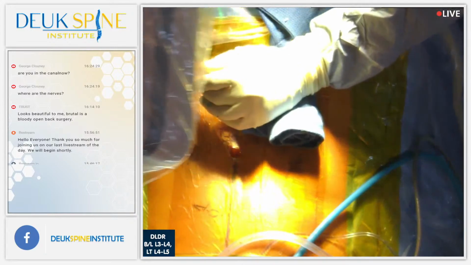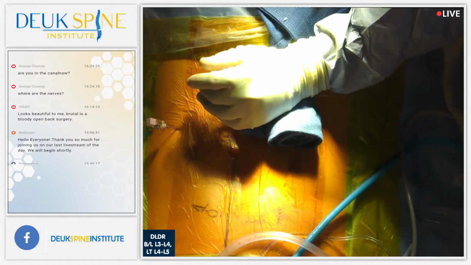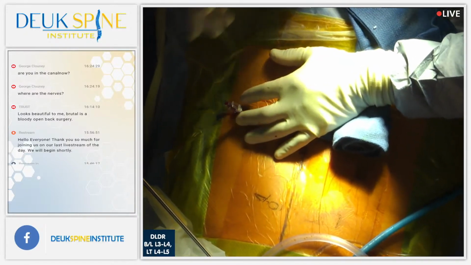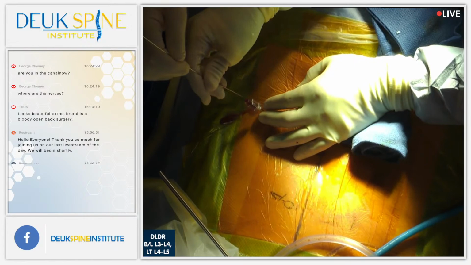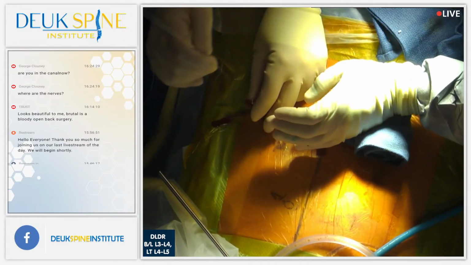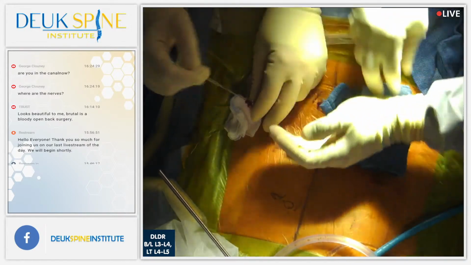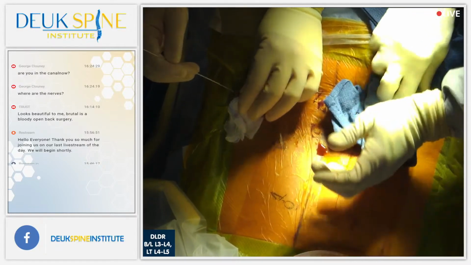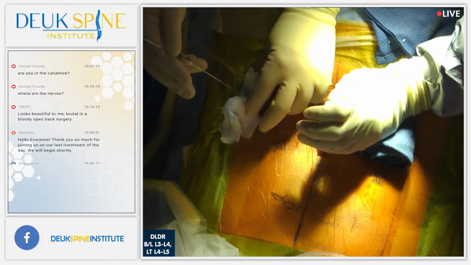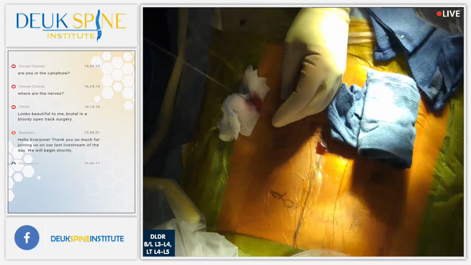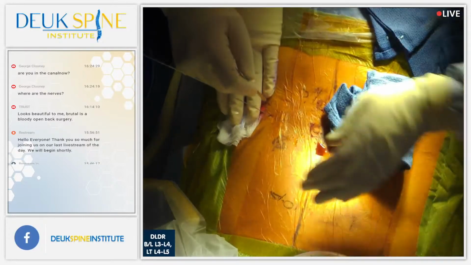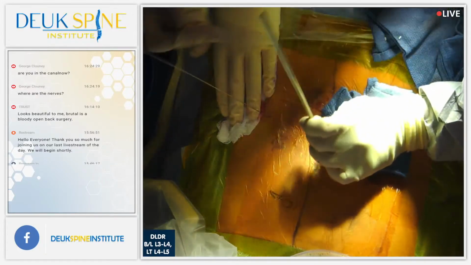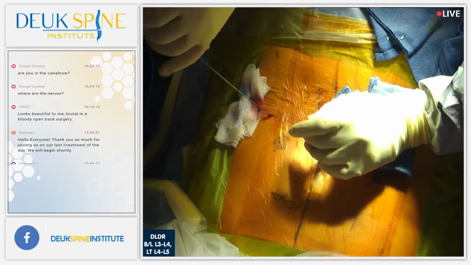And we're doing only one disc on the right side. I got it. Shot. 7mm incision. Numb.